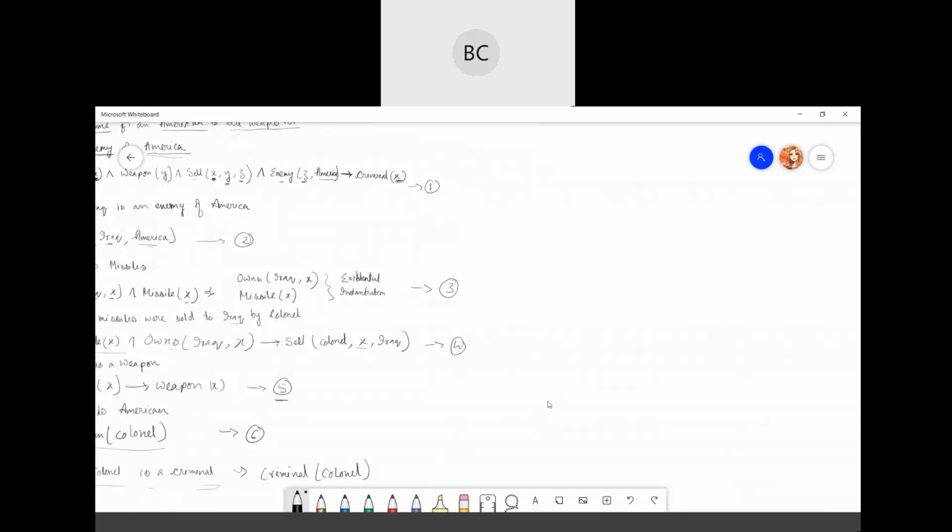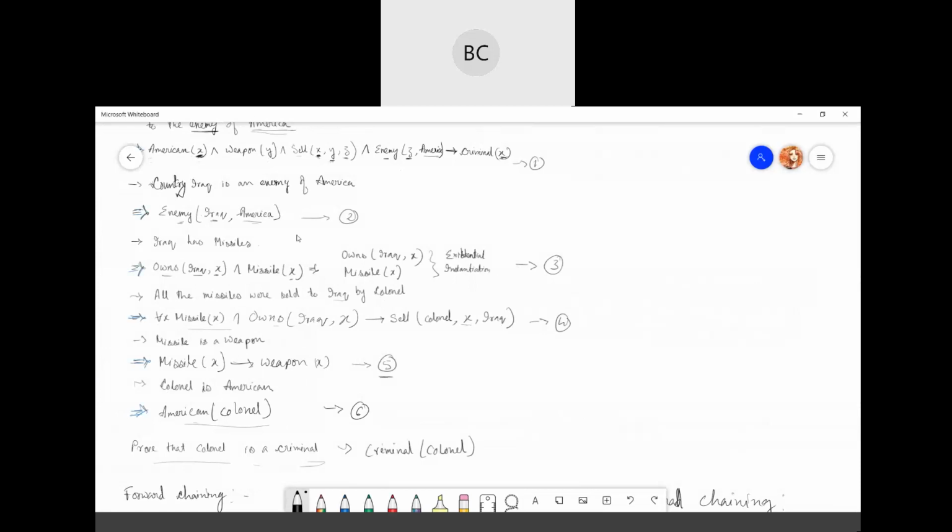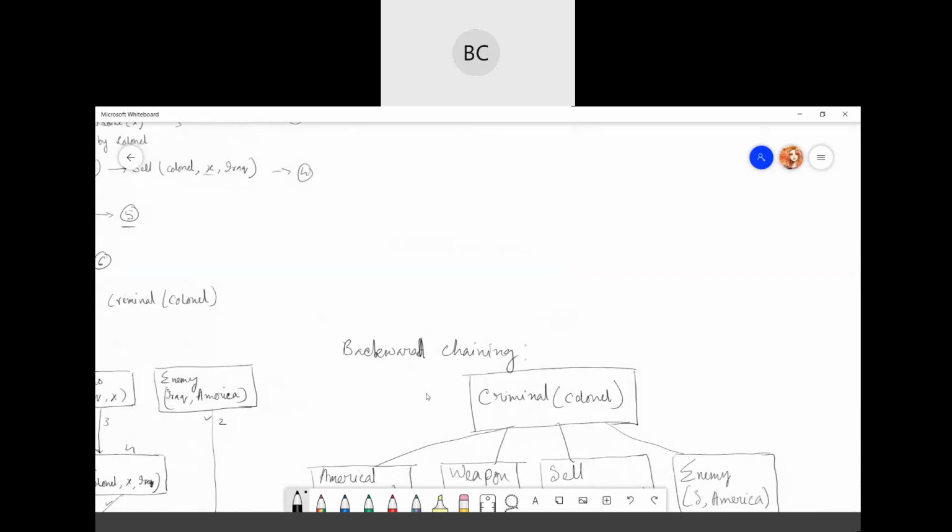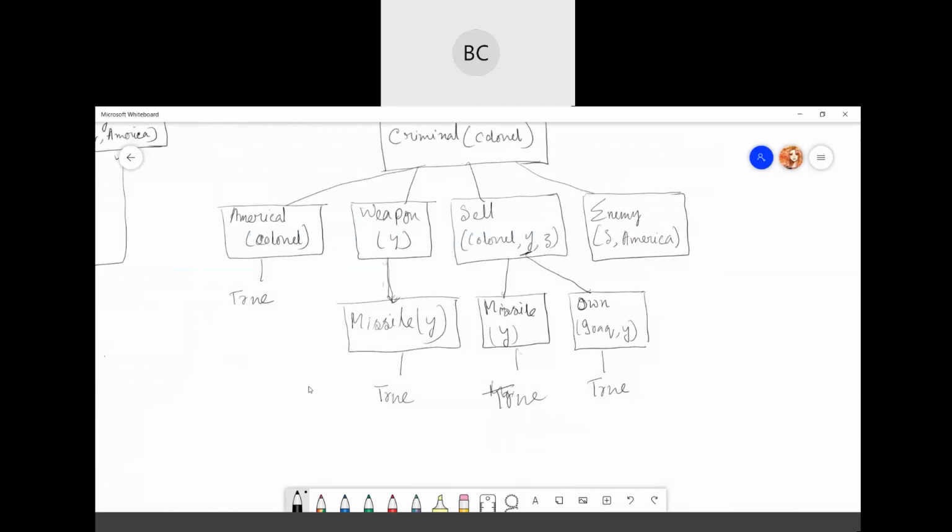Okay, then we have the enemy part, enemy Iraq and America. Here our logic is enemy Z and America. You can do two things. If you want to change Z to Iraq in the first place itself, that is also fine, because this variable is not dependent on the colonel part.